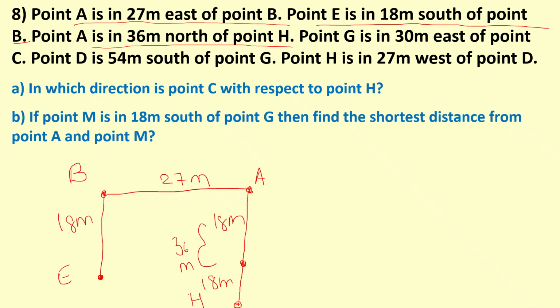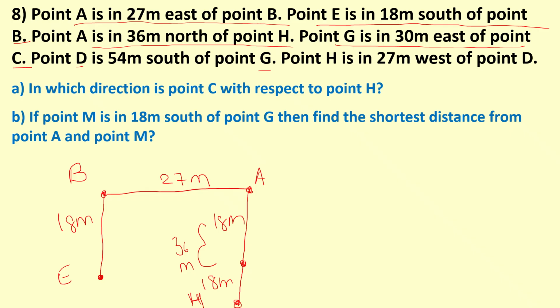This is point H. Okay, next, point G is 30 meter east of point C. But we can't see point C and point G also. No connecting points are there. So leave that for now and we'll go for the connecting points. Now D and G is also not possible to find out.